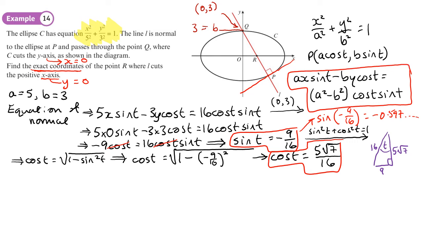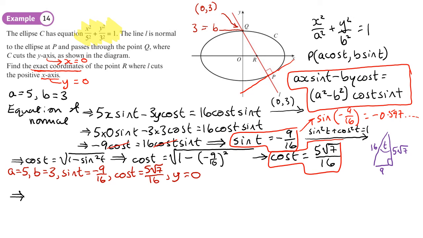So I've got a as 5, I've got b as 3, I've got sine t as negative 9 over 16, I've got cos t as 5 root 7 over 16, and because I want to find the exact coordinates where r cuts the x-axis, I've also got that y equals 0. So all of those can be substituted into here to work out x.